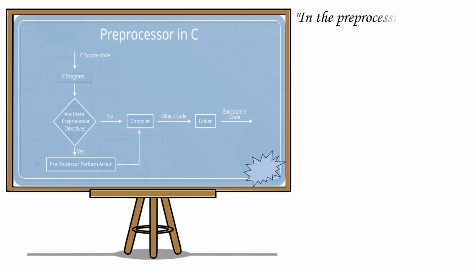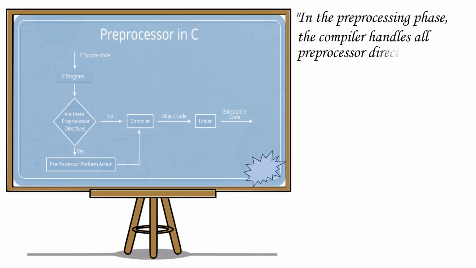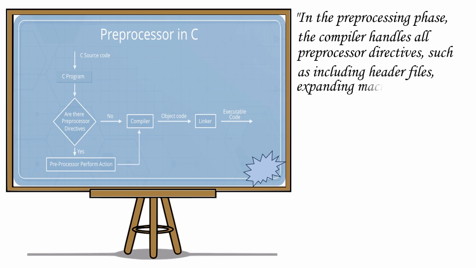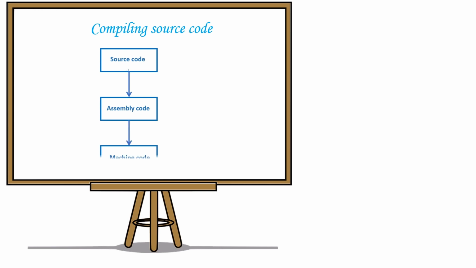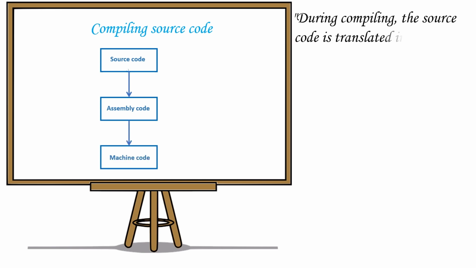In the pre-processing phase, the compiler handles all preprocessor directives, such as including header files, expanding macros, and conditional compilation. During compiling, the source code is translated into assembly code specific to the target machine architecture.